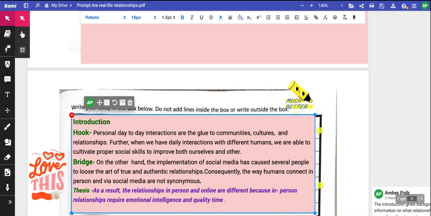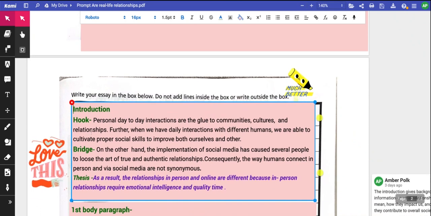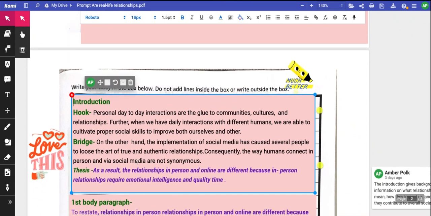This is already setting me up for success because I'm giving background information about my topic. My bridge here is addressing the difference between in-person relationships and social media relationships. And even though my bridge is a little lengthy, it just expands off my hook.